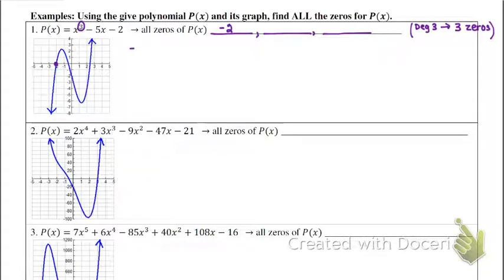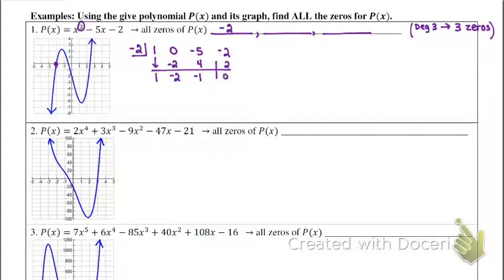So I'm going to put a negative 2 outside of my box and my coefficients. Since there is no x squared term, remember I need a 0 as a placeholder. And remember, we bring down the first and then we do the multiply-add until I get to the end.